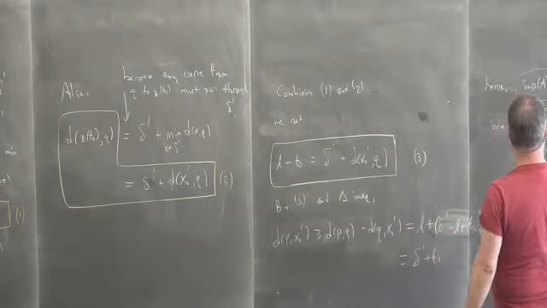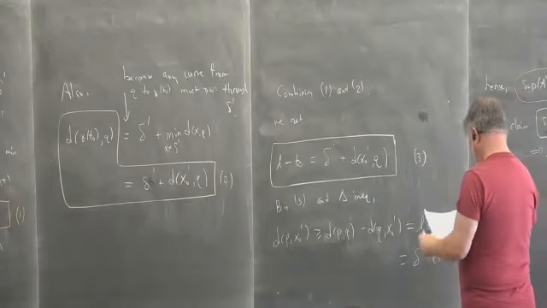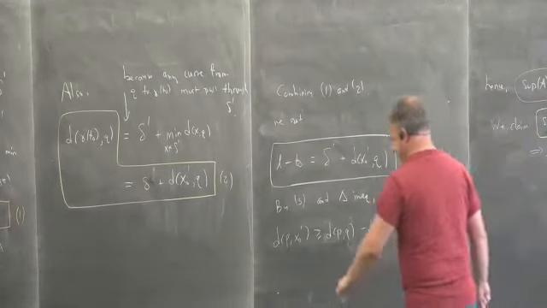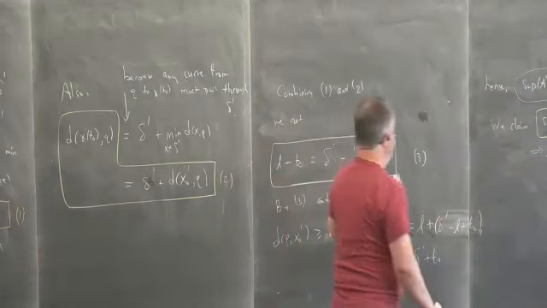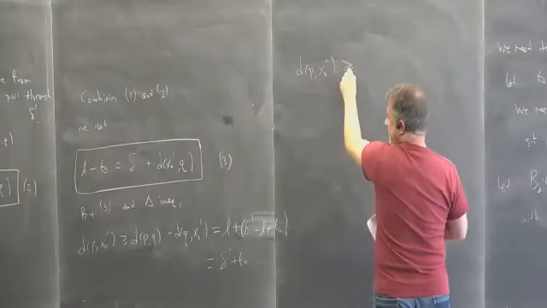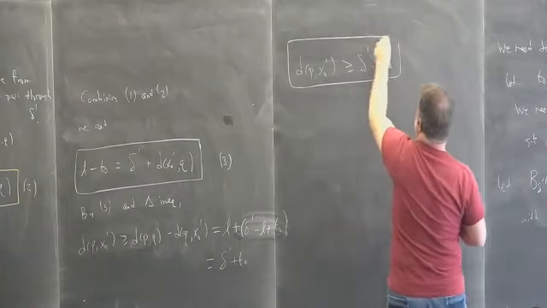So what do we have? d_P of X naught prime is greater than or equal to delta prime plus T naught. Let's call this 4.